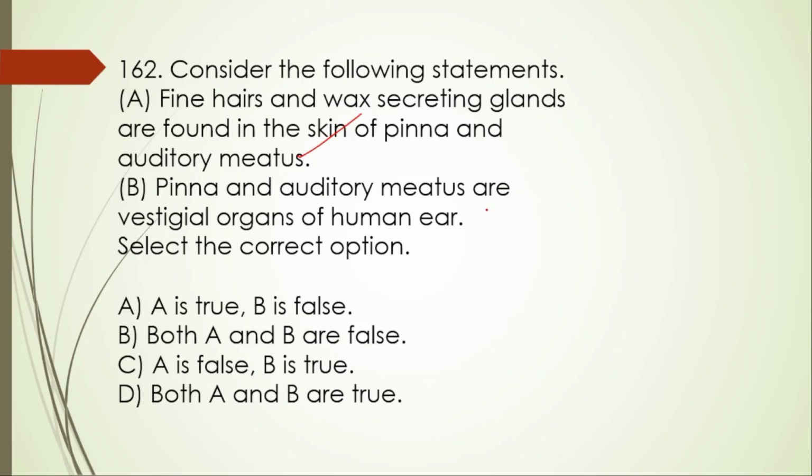This one is false, because while the muscles that move the pinna are considered vestigial in humans, the pinna and auditory meatus themselves perform essential functions in collecting and channeling the sound waves towards the eardrum. So this one is wrong. So A is true but B is wrong here.